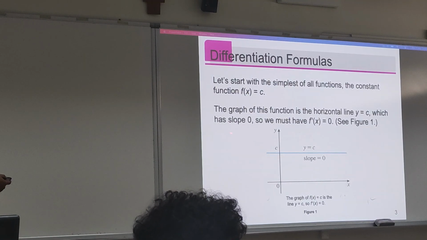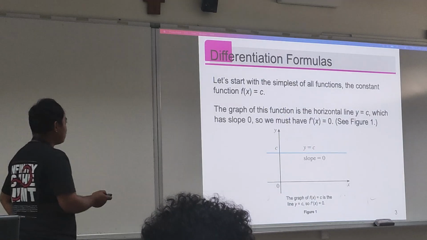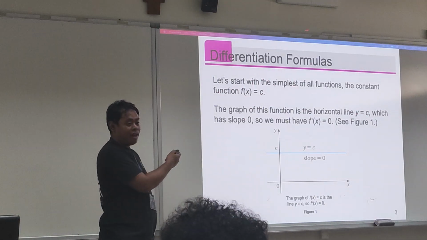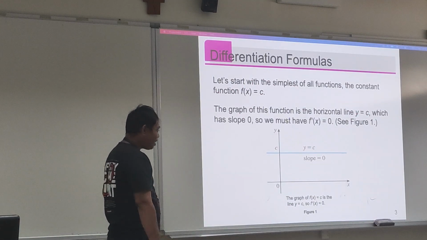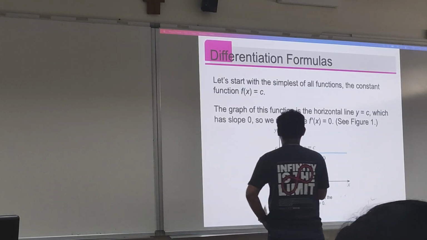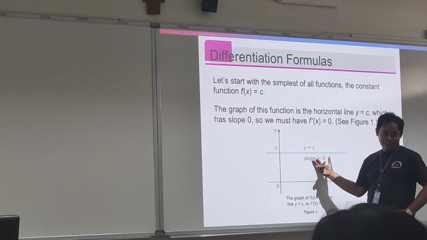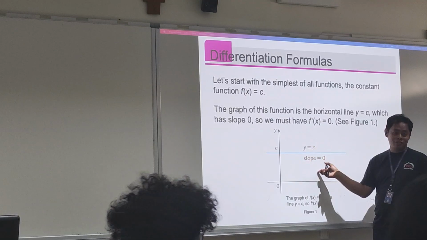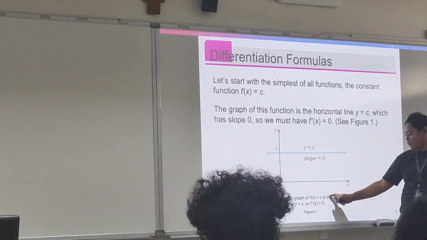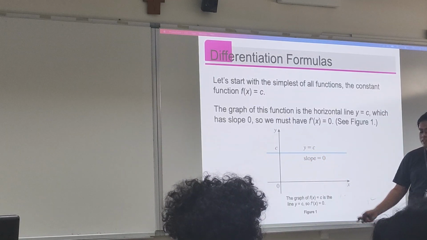Okay, first, consider the constant function, given by f of x is equal to c. When you illustrate that, it is a horizontal line, and take note, the slope is 0. That's why the derivative of that function is equal to 0.